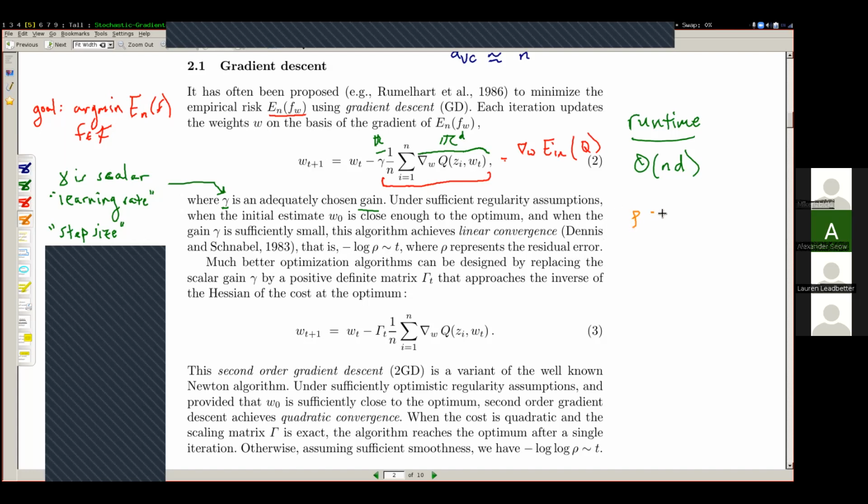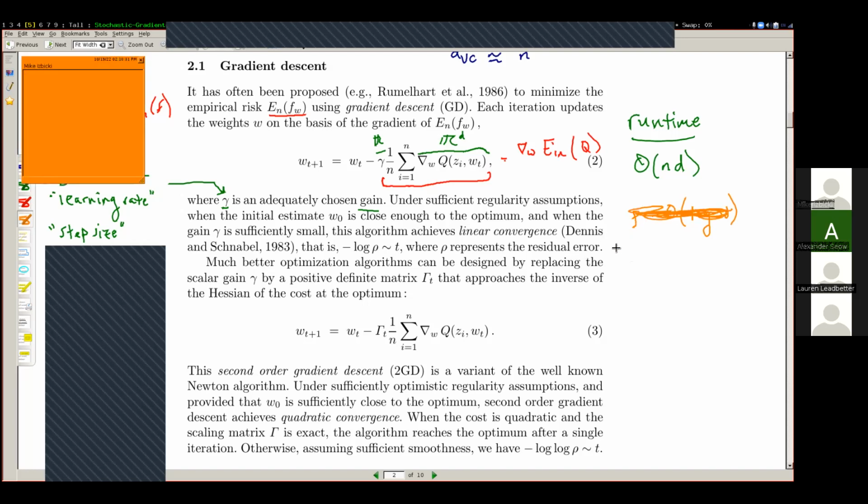And the number of iterations for accuracy rho is equal to the log of 1 over rho, and that's big O of that.